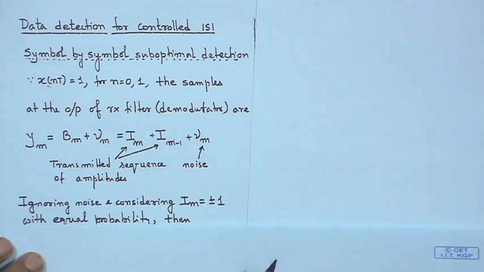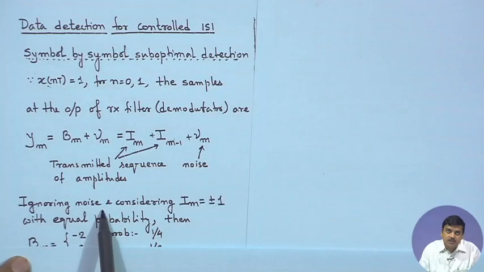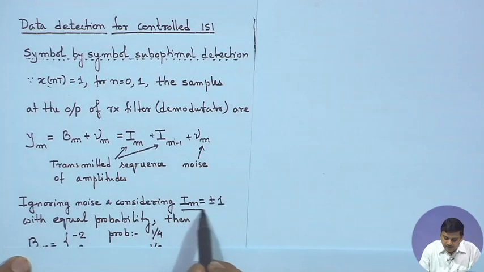So, when we start building the receiver, we will take a look at the noise free received samples, so as to construct the receiver algorithm, and whatever noise is present would cause impairments in the performance. So, going ahead, ignoring noise and considering I m to be plus minus 1.